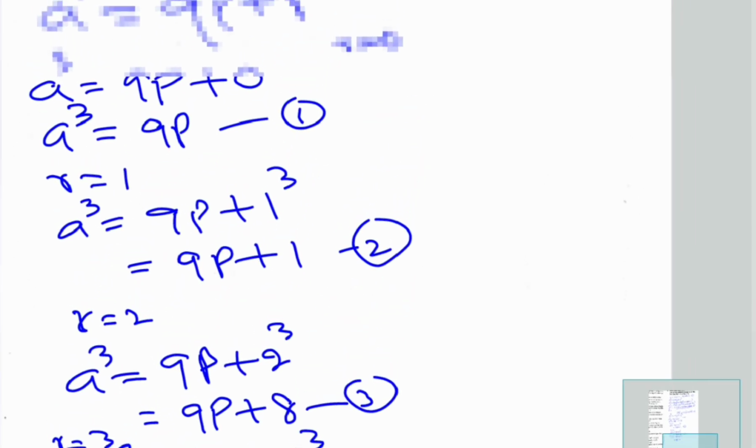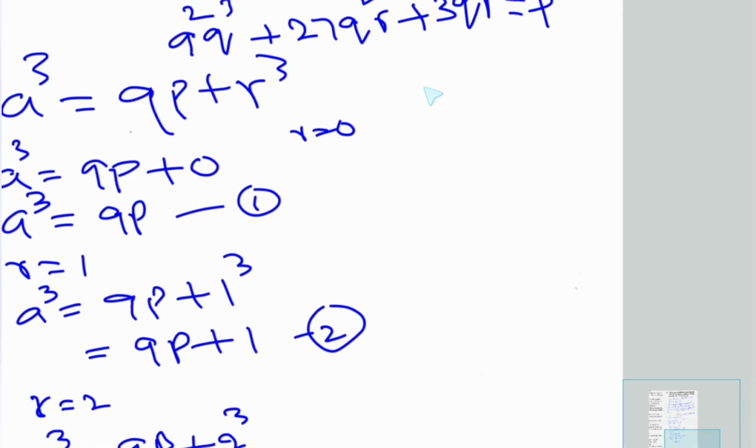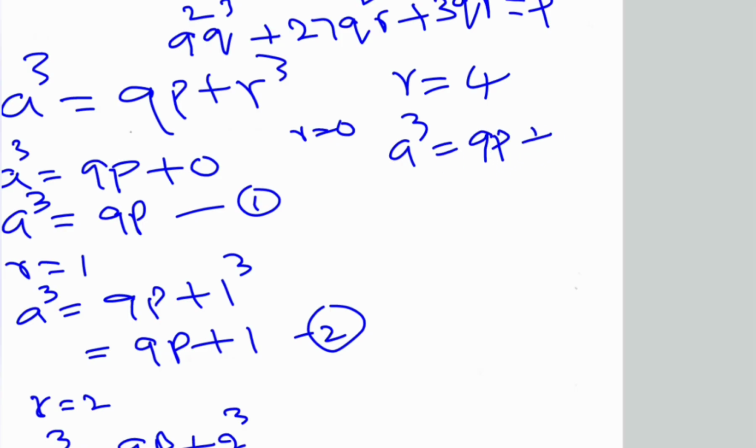Now substitute the value r equal to 4. Then a cube is equal to 9p plus 4 cube. 4 cube means 64.